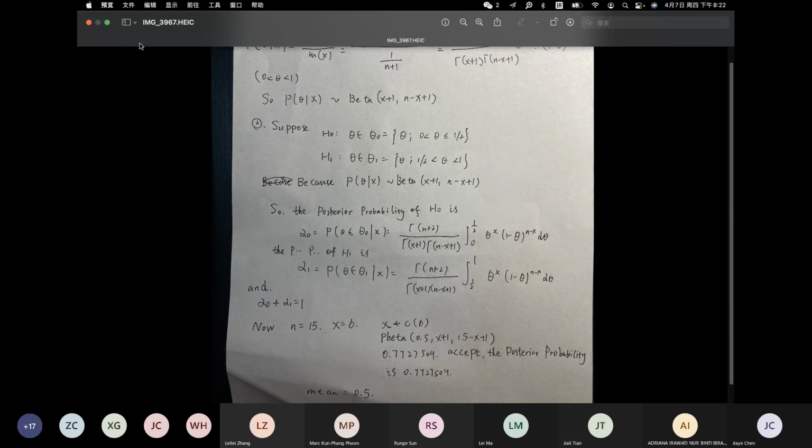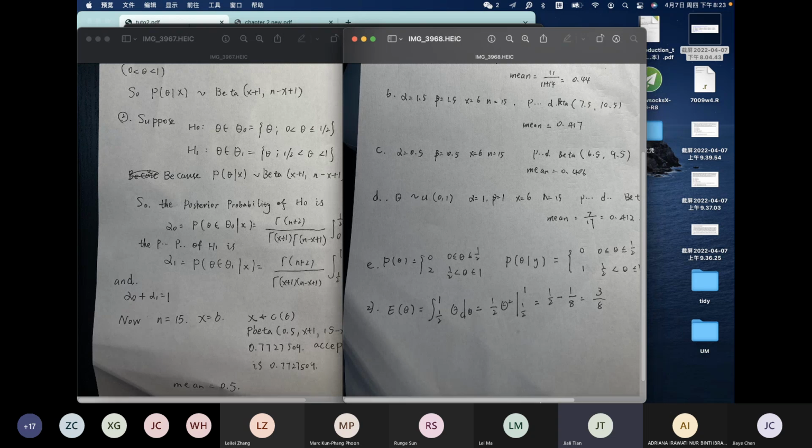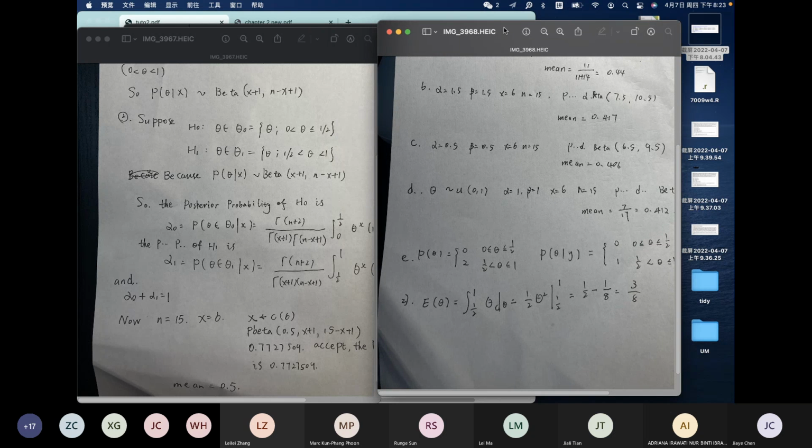Yeah, actually, for question E, that's why I give only 1, because there's a trick to that. You have to integrate actually. That's why there's a hint in the question, right? You need to use the hint.